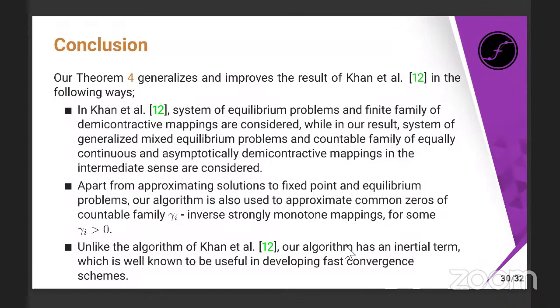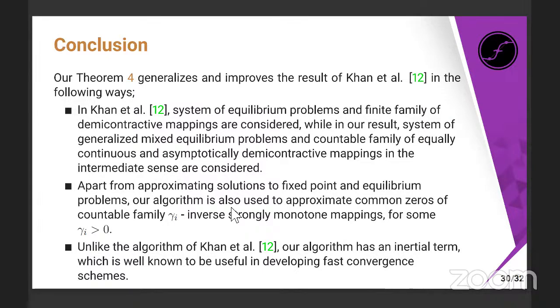In conclusion, our theorem actually generalized and improved the results of Khan et al. in the following ways. In the first way, a system of equilibrium problems and a finite family of demi-contractive mappings are considered in their work, while in our own case, we consider a system of generalized mixed equilibrium problems with relaxed eta-alpha monotone mappings and equicontinuous asymptotically demi-contractive mappings in the intermediate sense.